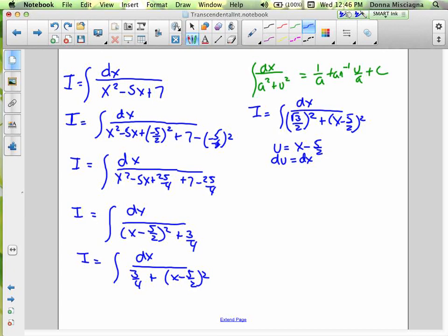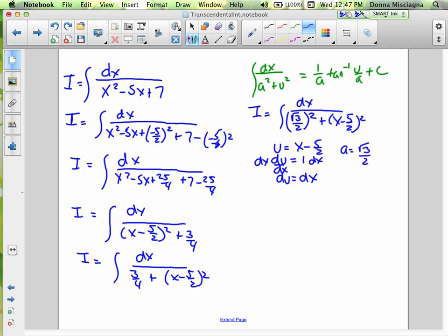The derivative of x minus 5 halves, we'll put the steps in there, is just 1, right? And then we multiply both sides by dx, and that's how we get dx. So du equals dx, right? Because the derivative of x minus 5 halves is just 1. And then the a is the square root of 3 over 2.